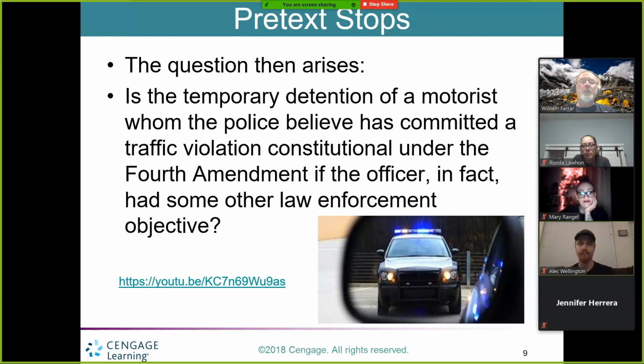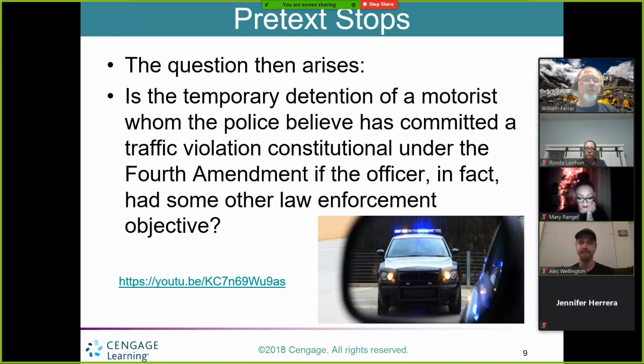So the question with a pretext stop is whether the temporary detention of a motorist who the police believe has committed a traffic violation is constitutional under the Fourth Amendment, if the officer in fact had some other law enforcement objective. So if I follow Johnny Jones, the known drug dealer, the guy that I really want to stop and get into his car because he probably has a bunch of stuff in there, and arrest him.